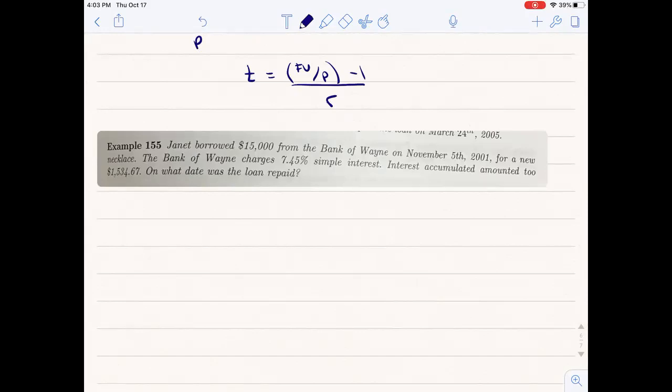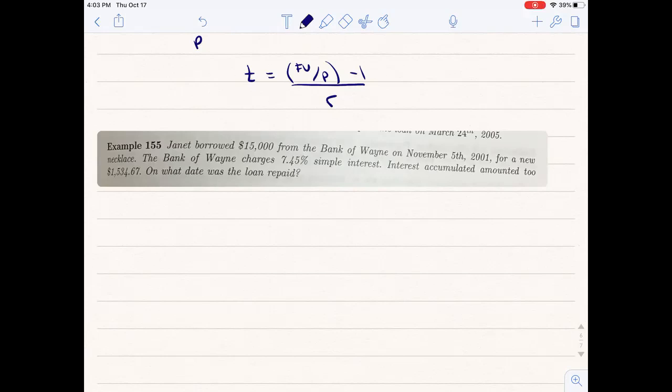She's got to have it. The Bank of Wayne charges 7.45% simple interest. Interest accumulated amounted to $1,534.67. One thing to note, though, that's the amount of interest that she had to pay. On what date was the loan repaid?